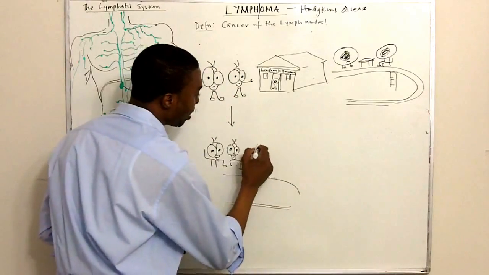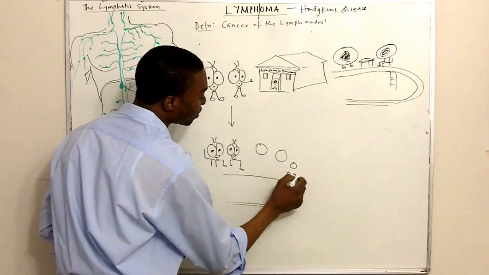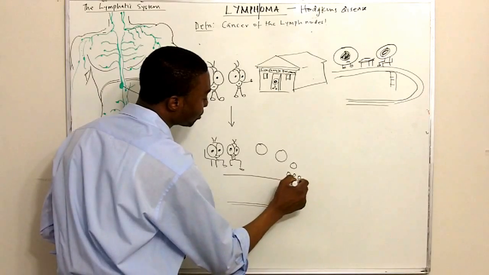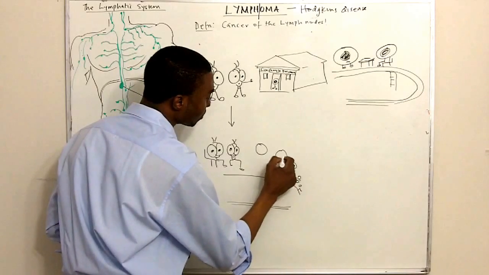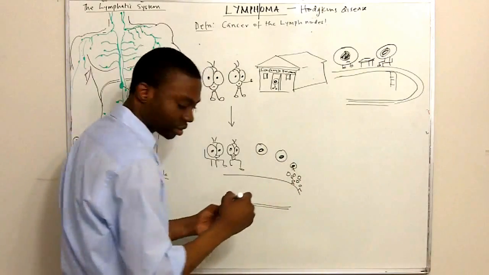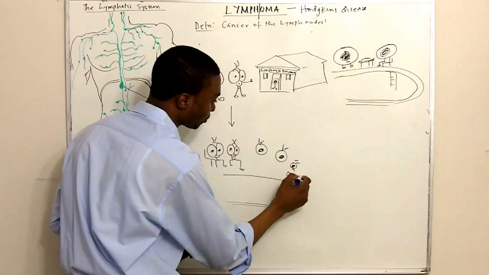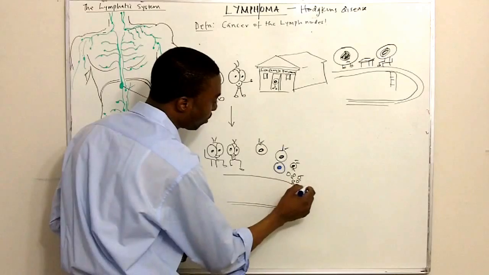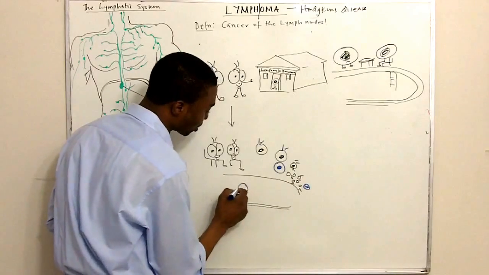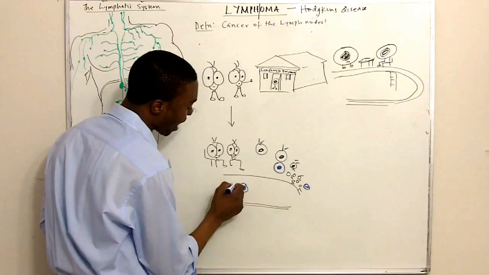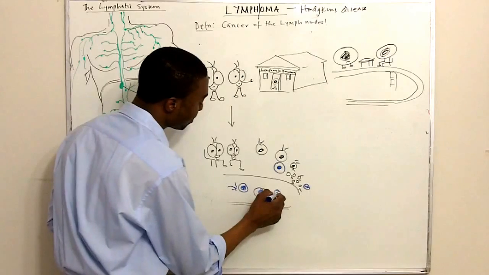We've got all these other B cells just chilling, all having their drinks. These are all the other B cells in the neighborhood. Let's make them blue. There are B cells hanging out in the pool. Some are swimming in the water. They're having a good time.